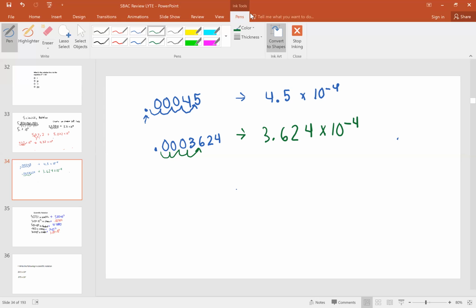So in this case, I would have my final answer, but I would need to make sure that I write the 0.624. I can't just leave it as 3.0, right? I have to write out the 3.624. I have to have all those numbers.